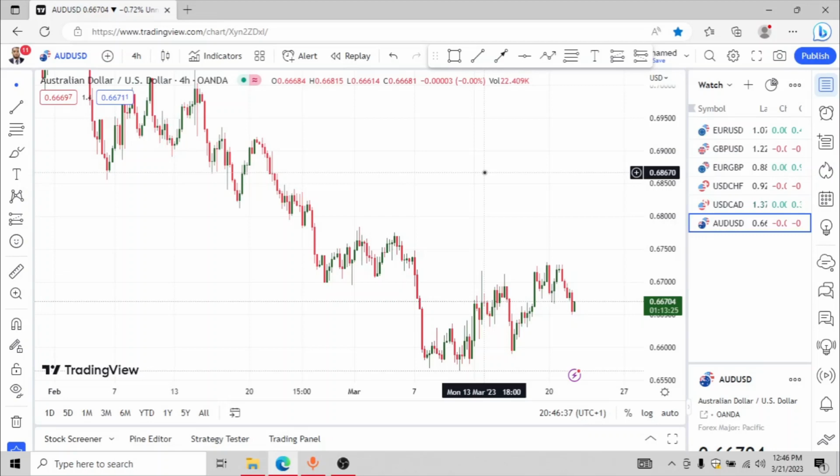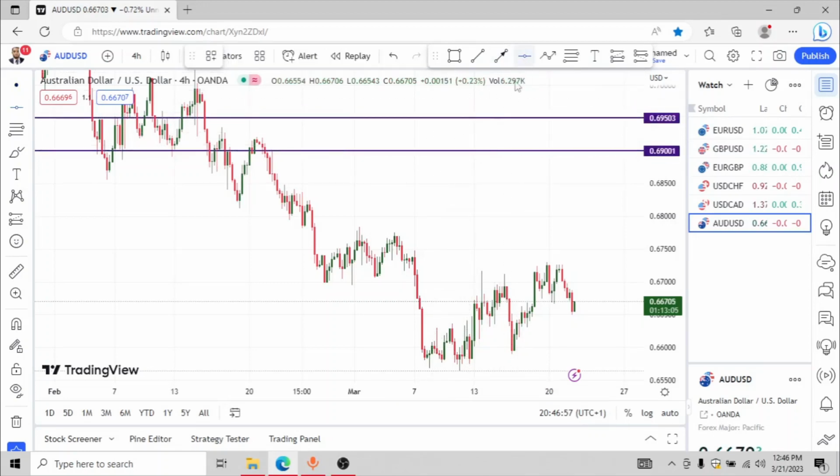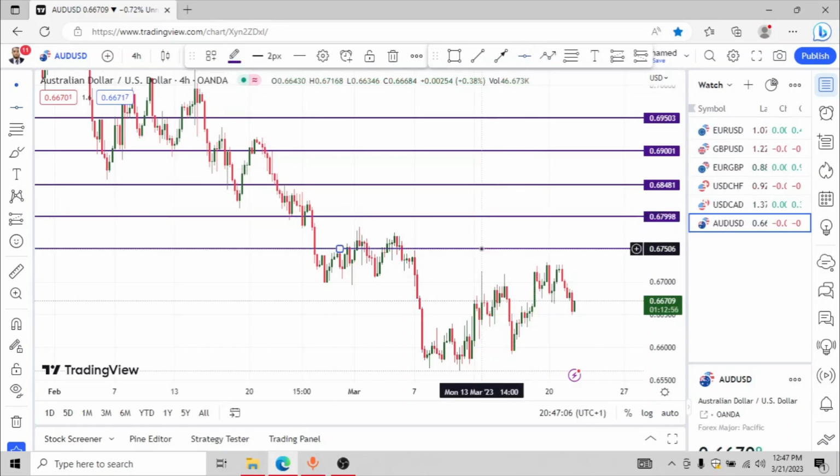So the thing you do here is to draw your zones, which is also known as round numbers. I will go by 50 pips. I've explained this in my previous video. All you should do is draw your zones, which is also called your round number, at the points where you have identified these lines in the background. Make sure you zoom so that each line is 50 pips from the next.